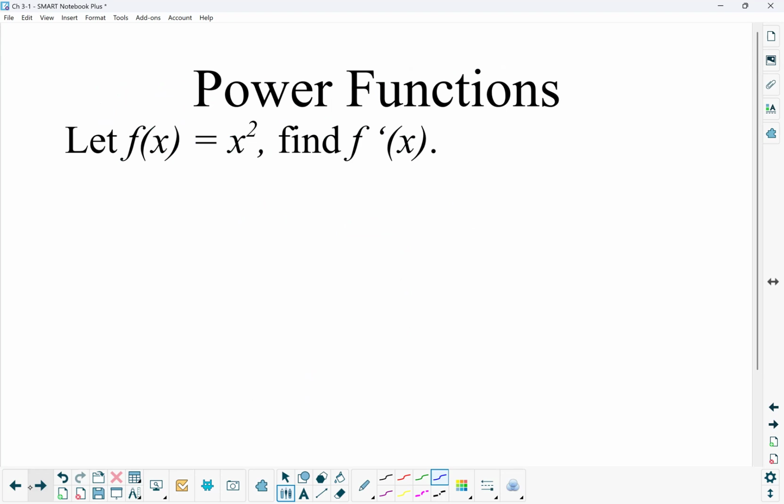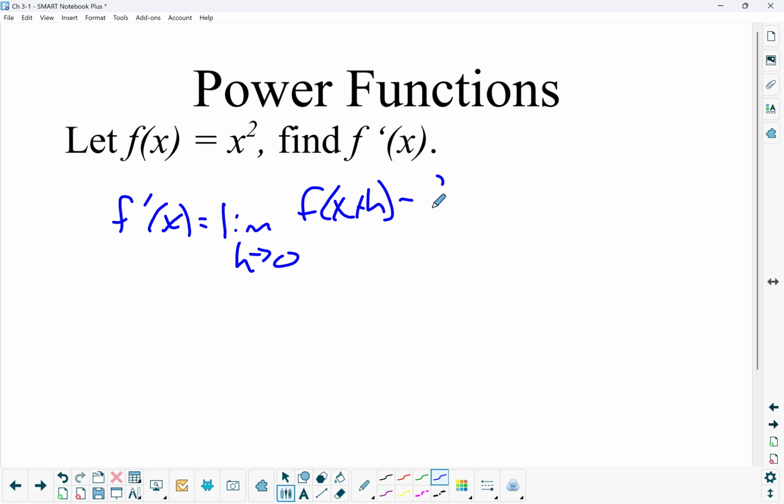So now let's take a look at what happens when we take the derivative of x squared. So again, f prime of x would be the limit as h approaches 0 of f of x plus h minus f of x all divided by h.